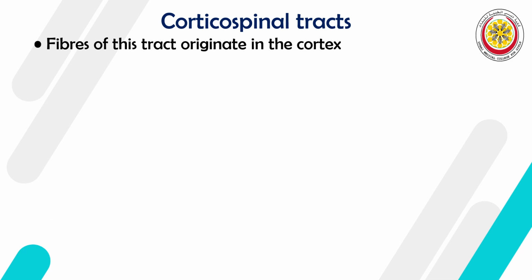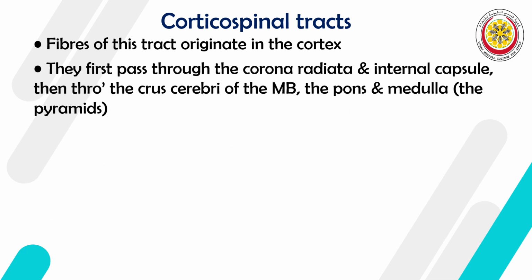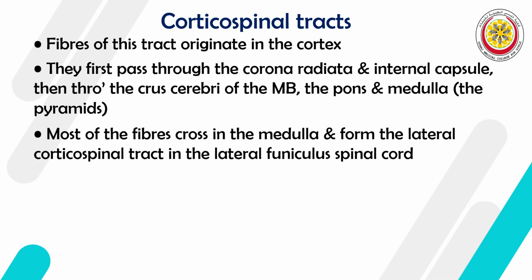So the corticospinal tract originates in the cortex because the cell bodies are in the cortex. Now, while they descend, they make what is known as the corona radiata because it is radiating here and there. And now I'm talking about the corticospinal tract because, as I mentioned earlier, it does not only contain motor fibers.